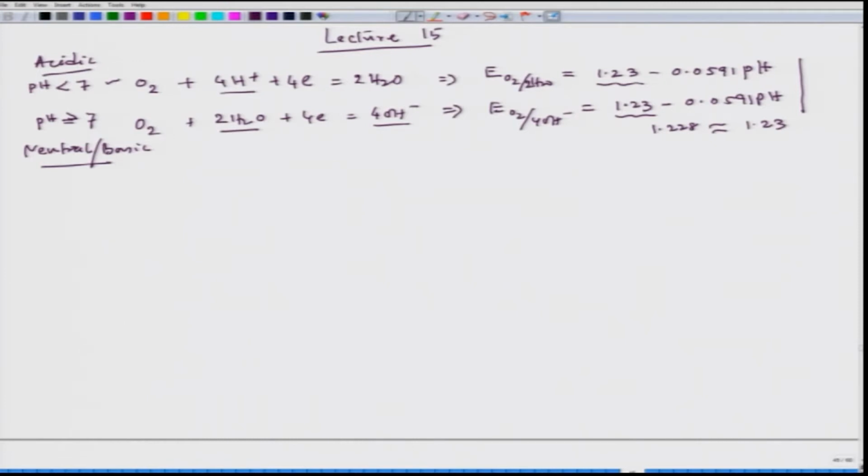Similarly, we had discussed 2 more reactions, which are 2H plus 2e equal to H2 as well as H2O plus 2e equal to H2 plus 2OH minus. As we have mentioned, the Nernst equation for 2H plus to H2 gives minus 0.0591 pH in terms of pH.